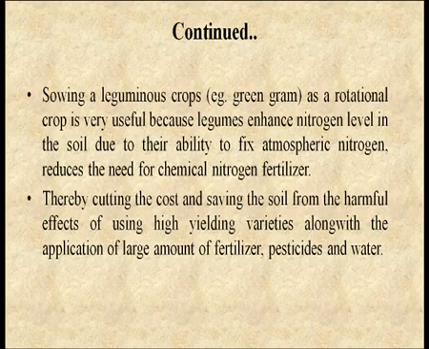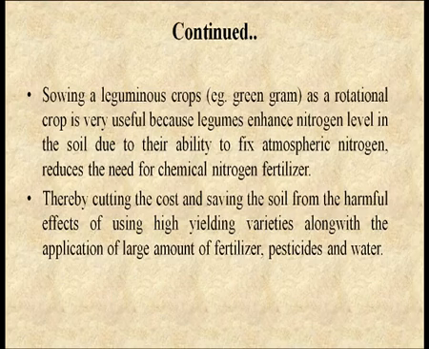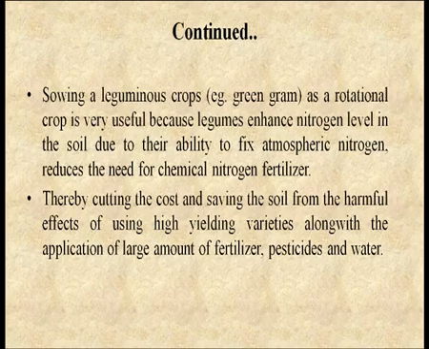This reduces the need for chemical nitrogen fertilizer, thereby cutting the cost and saving the soil from the harmful effects of using high yielding varieties along with large amounts of fertilizers, pesticides and water.